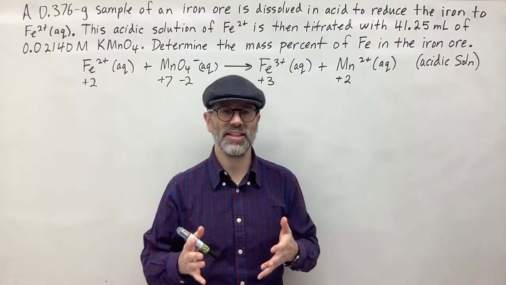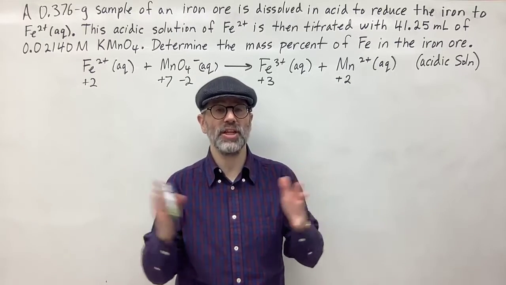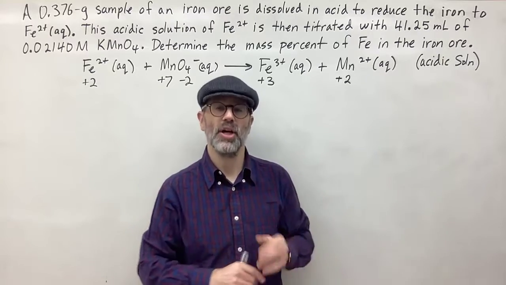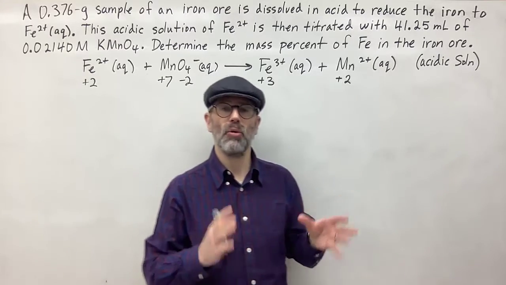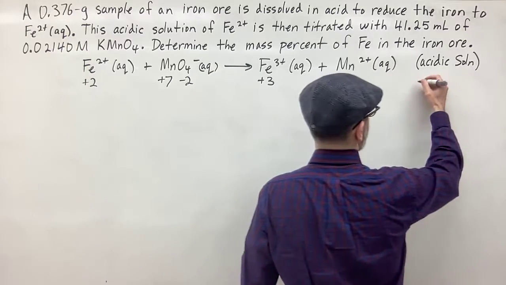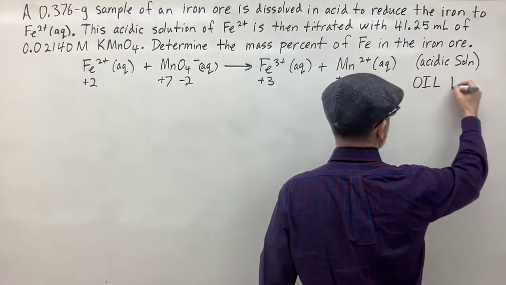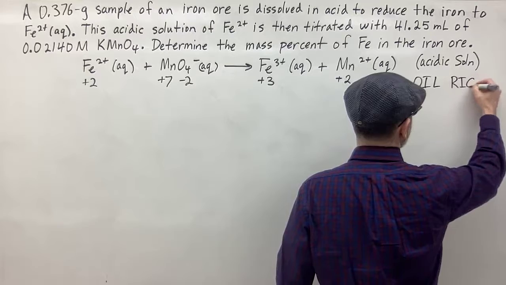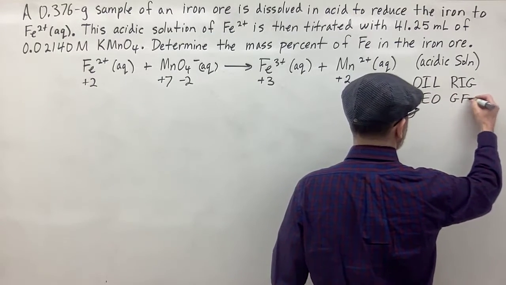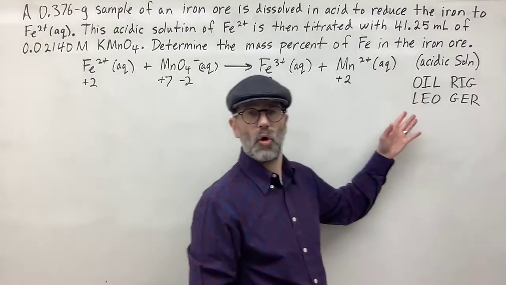The next thing we want to do is divide the equation into two halves. We're going to have a reduction half and an oxidation half. So let's review what we mean by oxidation and reduction. One of these you should remember is OIL RIG, or LEO GER.